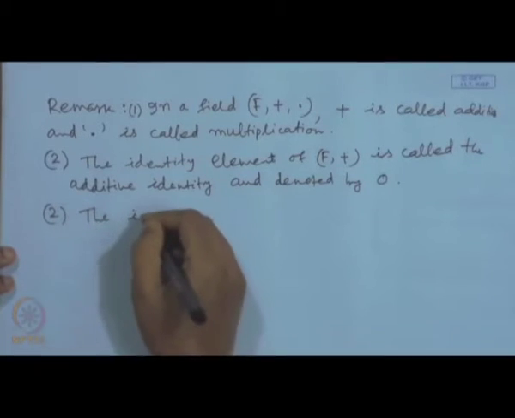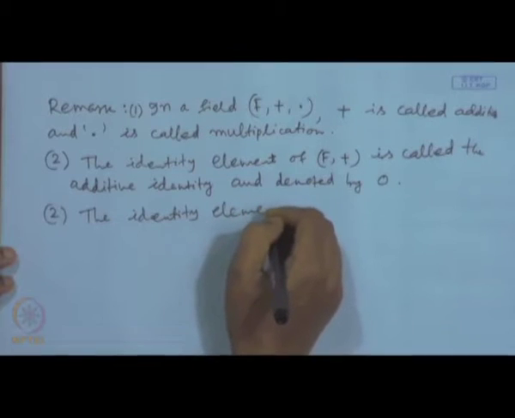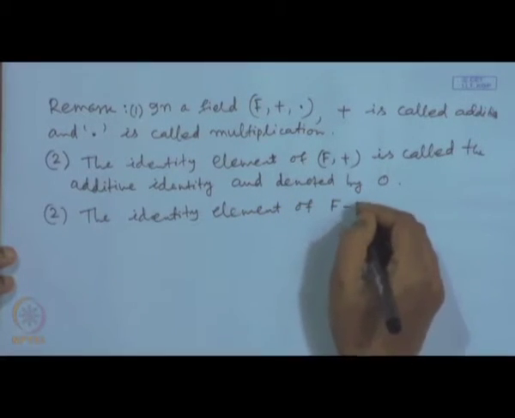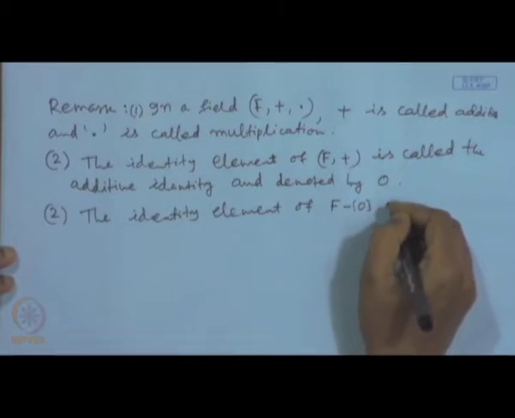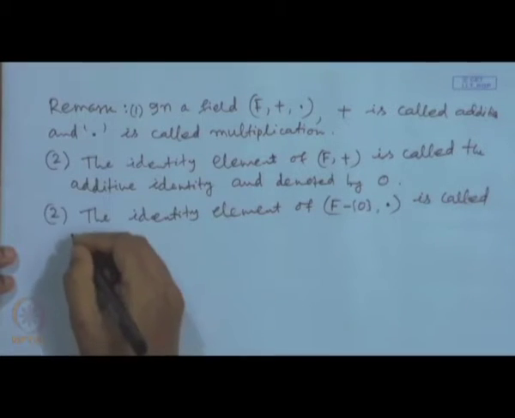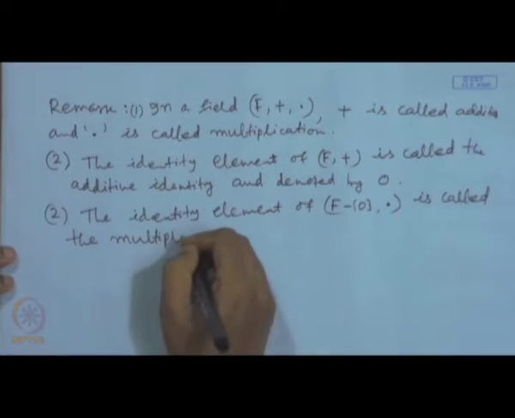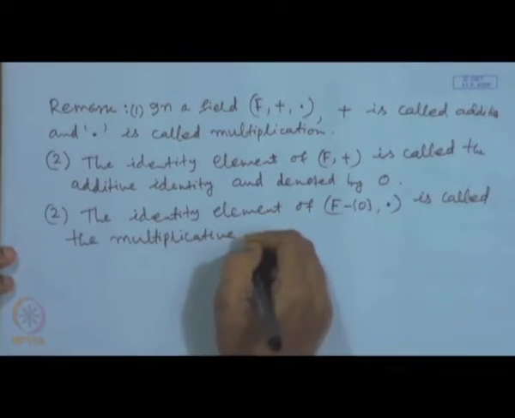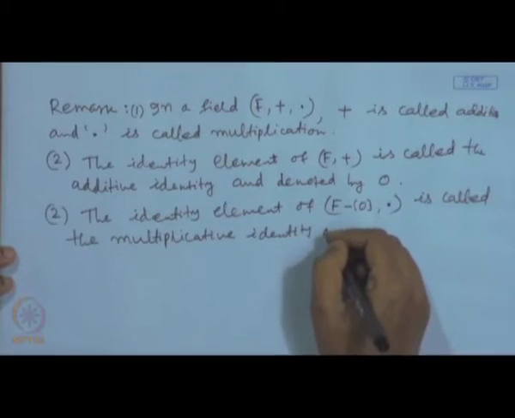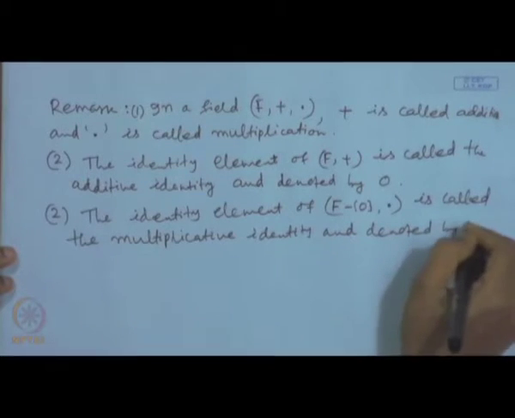The identity element of F minus 0 dot is called the multiplicative identity, and is denoted by 1.